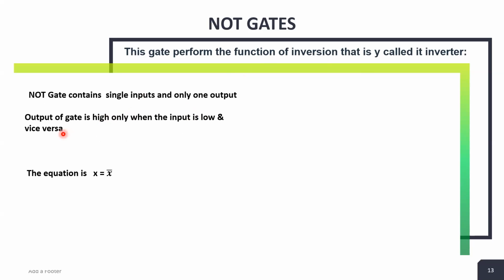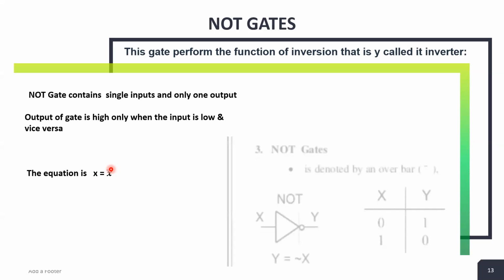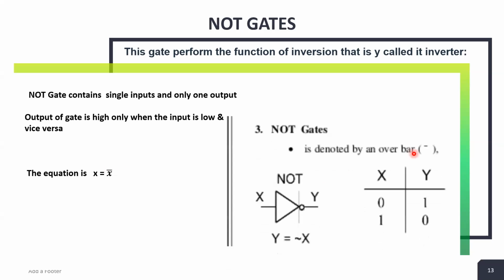Clear? This gate is high, meaning 1, only when the input is low. It's totally different. When the input is 1, the output is 0. When the input is high, the output is low. The equation is X is equal to X bar, denoted by the over bar.